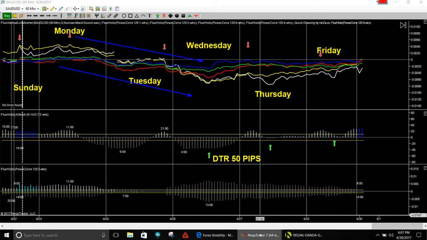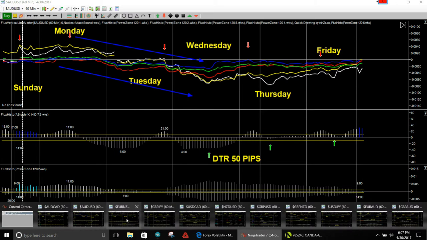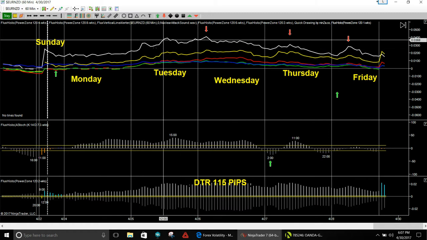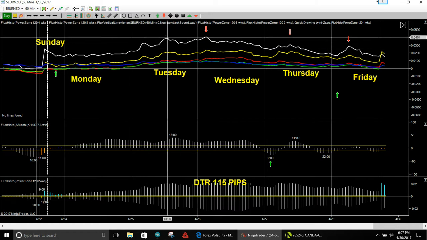Next up is going to be Euro New Zealand. Euro New Zealand right now, Sunday looks like it's going to make a down move, but overall, once it finishes with this down move, it's going to go sideways, and then it looks like it's going to break up to the north until you got a peak here.